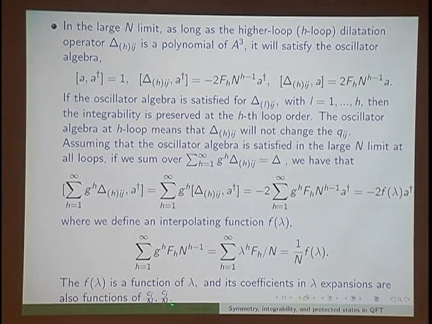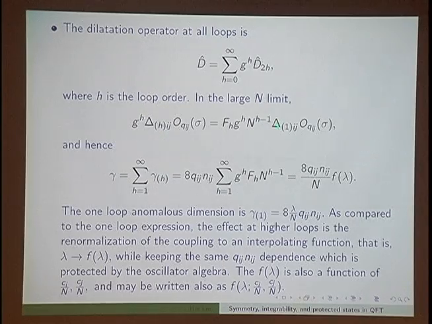And this function is also a function of the c_i, c_j, where c_i, c_j are the weights of the corner boxes of the Young diagram, since this operator depends on the particular details of the Young diagram. Now we can see the anomalous dimension can also be expanded, and it will resum into an interpolating function.